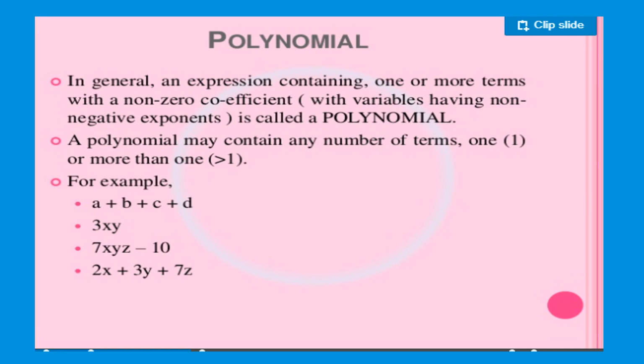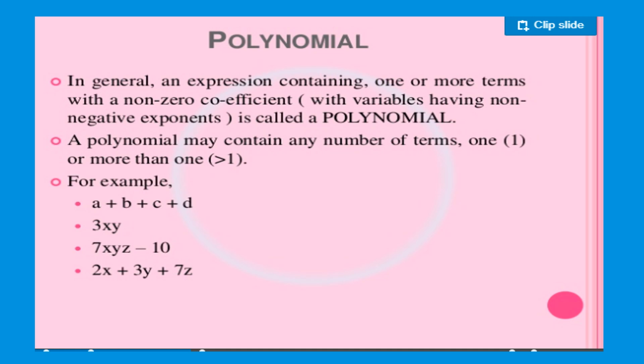Next, what is a polynomial expression? In general, it is an expression containing one or more terms with a non-zero coefficient, with variables having non-negative exponents. What does it mean? For example, in a to the power of 2, that 2 is the exponent, and the exponent should not have a negative sign.